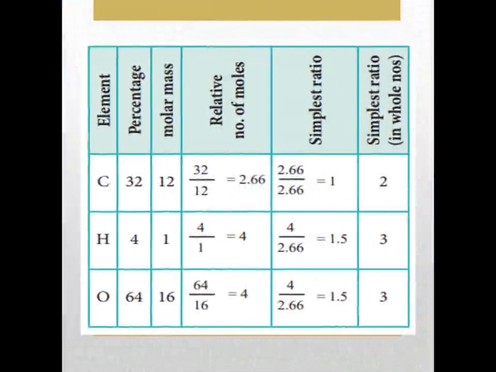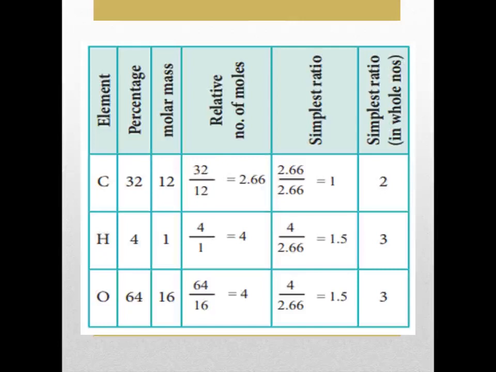Now see, here is an example. An acid found in tamarind on analysis shows the following percentage composition: 32% of carbon, 4% of hydrogen, 64% of oxygen. Now, you have to find the empirical formula.